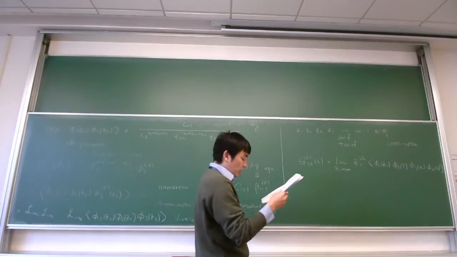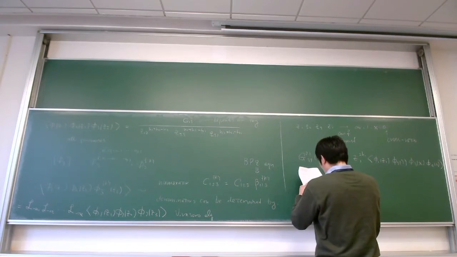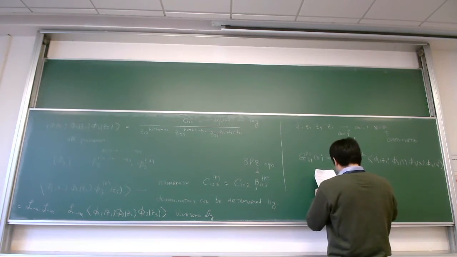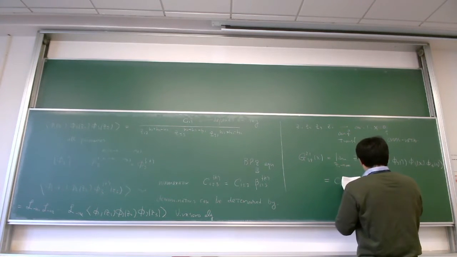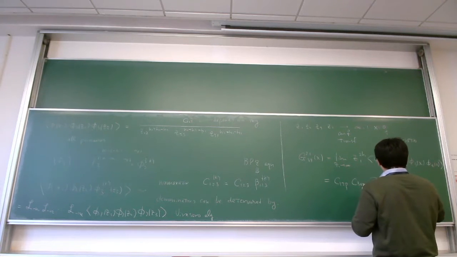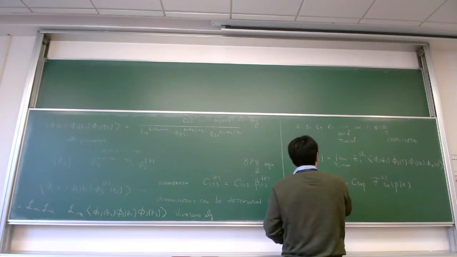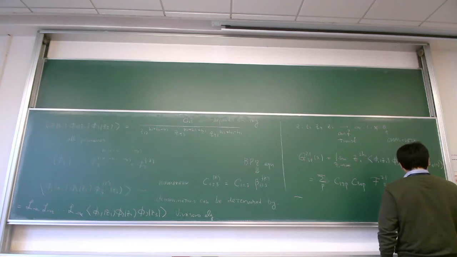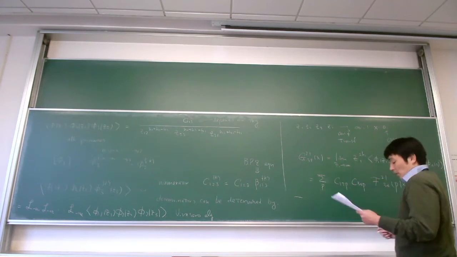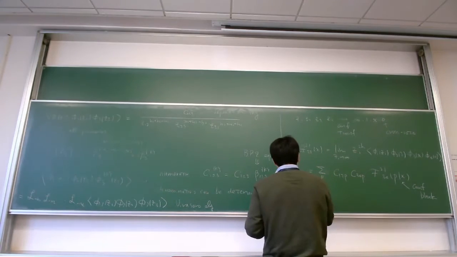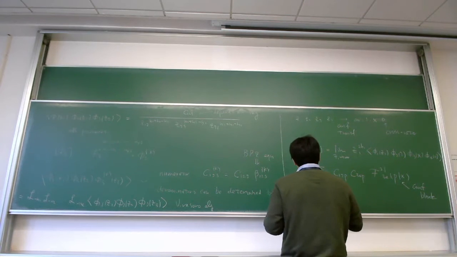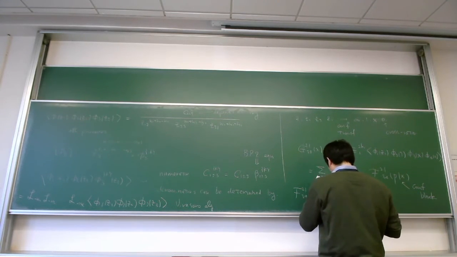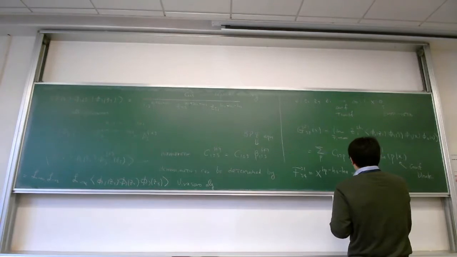If you define it this way, one can just write this down as a sum over p of C12p C34p times the conformal block with h1, h2, h3, h4. This is called the conformal block.